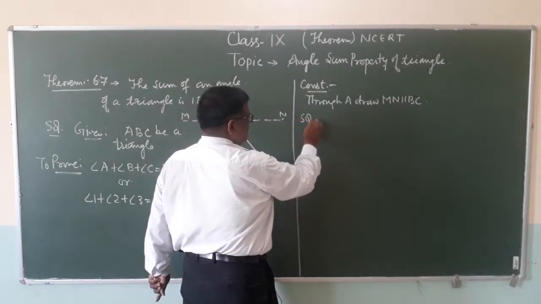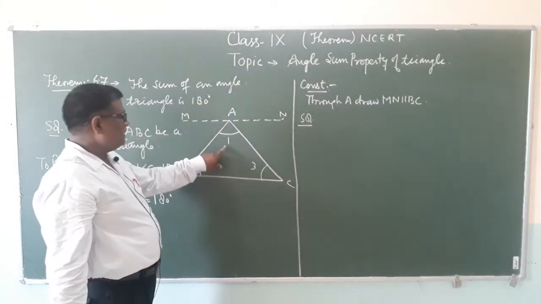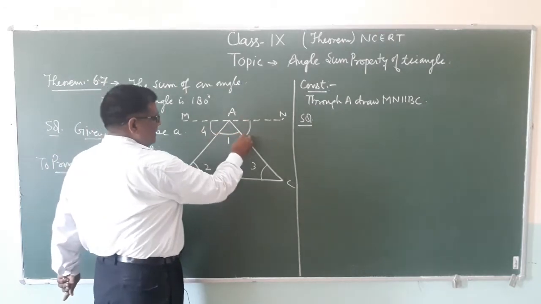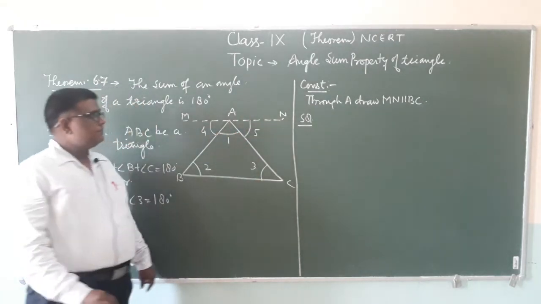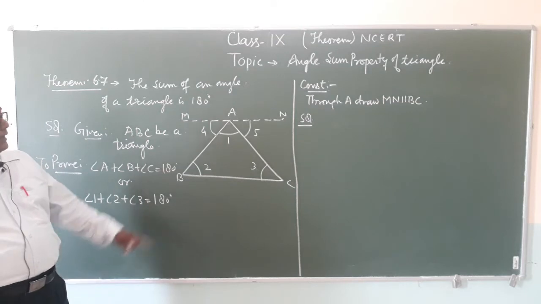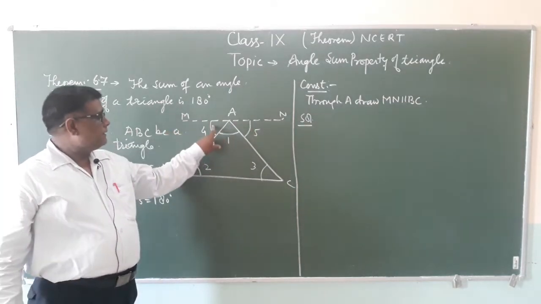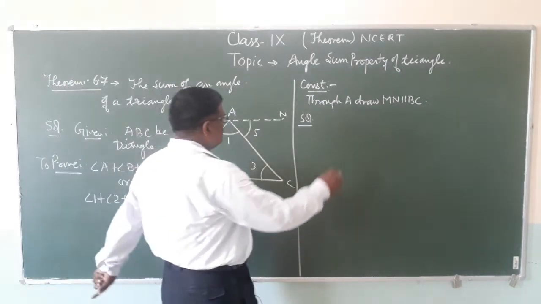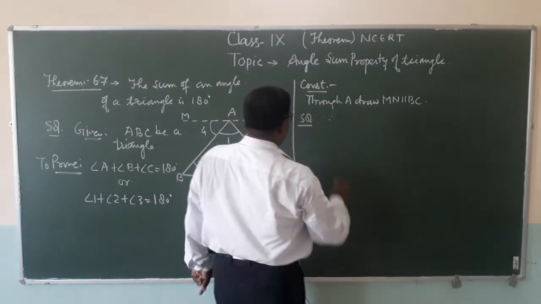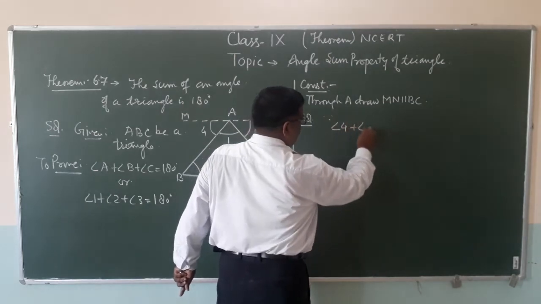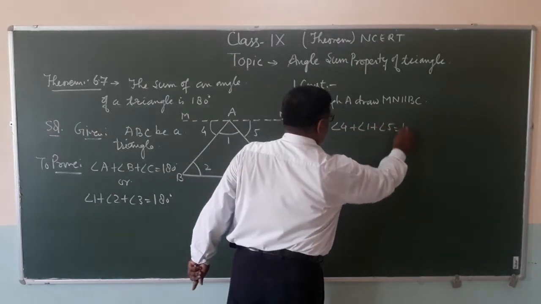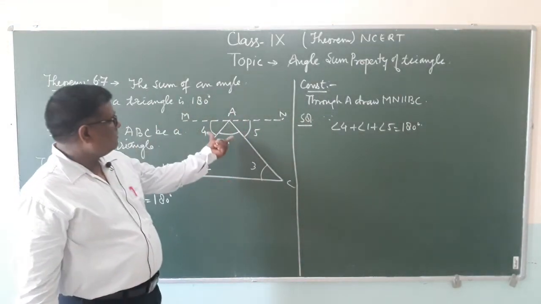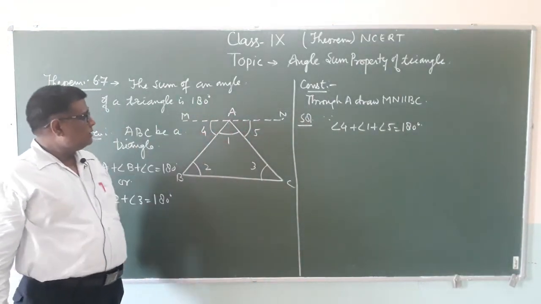Now in the solution, here are angles 1, 2, 3. Now we can take angle 4 and here this is angle 5. Now we know that on a straight line the sum of these angles is 180 degrees. Since angle 4 plus angle 1 plus angle 5 is equal to 180 degrees, because a straight angle is 180 degrees.